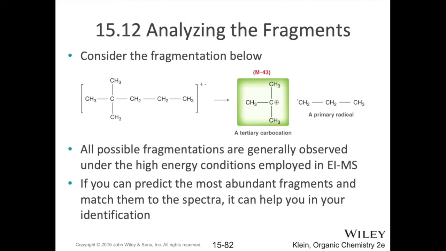Okay, so in this case, if we can get a tertiary carbocation through fragmentation, this would be your most abundant fragment that you'd see. And the fact that it is 43 below your parent ion tells you that there is a propyl group that's broken off here that was attached to that tertiary site. Again, that involves a little bit more analysis, and there are easier ways to do this, but that is meaningful information you could get out of your mass spec.